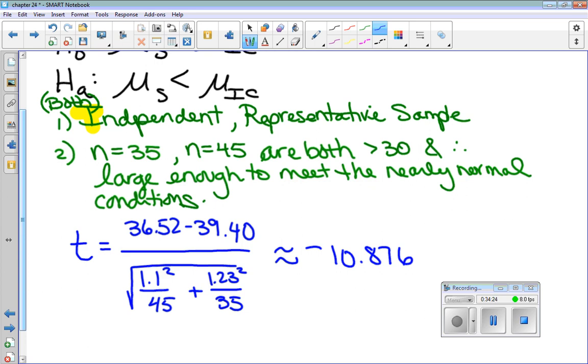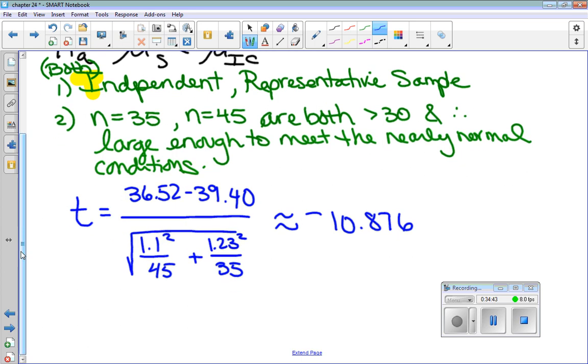Is that unusual? It's not like a z-score, where anything outside of -3 is unusual. You can't really tell that with the t because it has to do with the different degrees of freedom. So that's not really an indicator like it would be for a z-score. But it does seem like it's awfully far to the left.